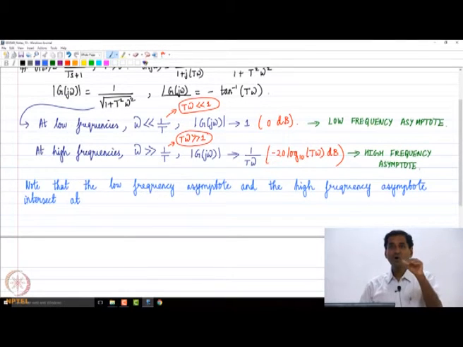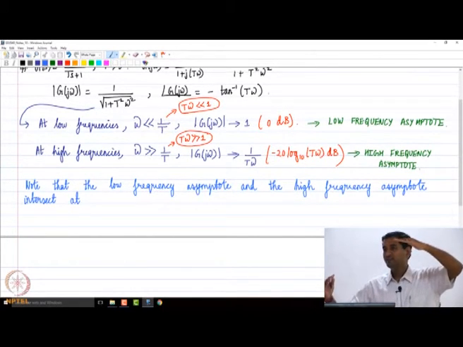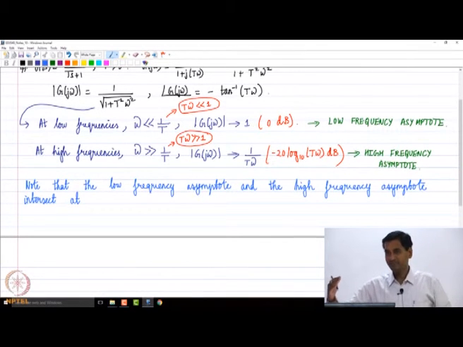Because it is log of omega, log of T omega, and of course T is a scalar, right? So we are going to plot omega on a logarithmic scale, and when you plot a logarithmic function against it, that's obviously going to be a straight line. So you see that the 0 decibel line is a horizontal straight line. The high frequency asymptote has a slope, we will come to the slope shortly, and that's also a straight line, and obviously both of them are going to intersect somewhere.